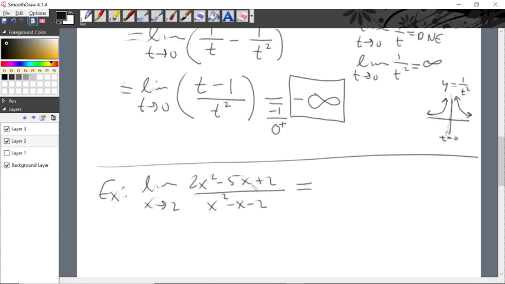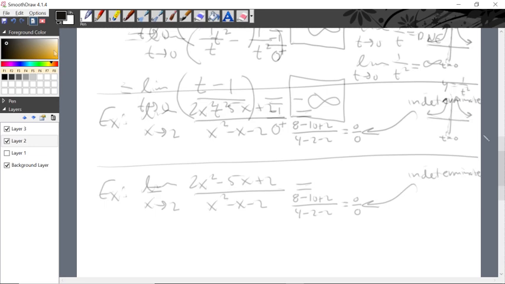Now, plug it into the numerator, we get 2 times 4, which is 8, and then minus 5 times 2 is 10, and then plus 2. In the denominator, we have 4 minus 2 minus 2. Notice this is going to give us 0 over 0. That is our indeterminate form. And when we get the indeterminate form, it means we could expect a removable discontinuity here. We have to find a way to remove it.